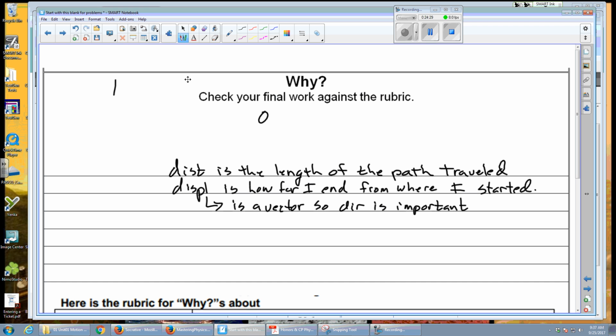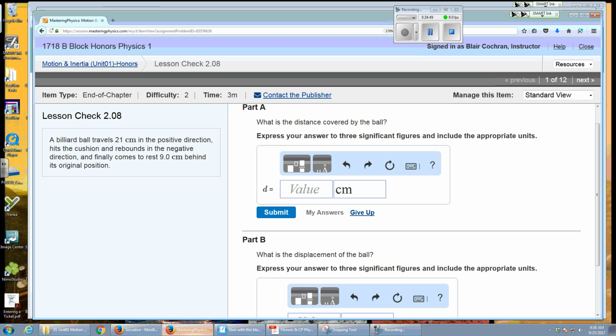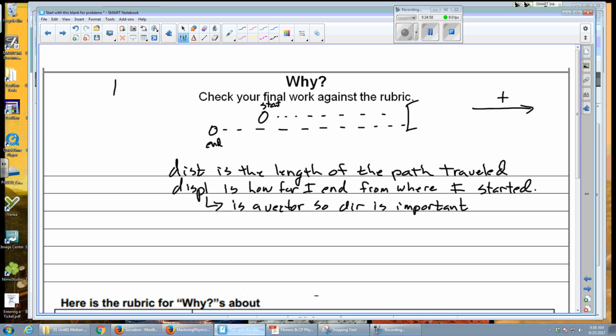I'm going to draw myself a little diagram. A little cushion. This is the start. That's the end. I'm going to assume positive is in that direction. I'm going a little quick. Now, nicely, they gave me things in centimeters and asked for me in centimeters, so that's 21 centimeters.